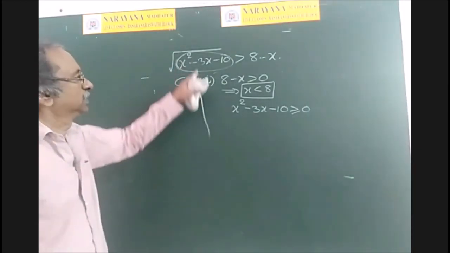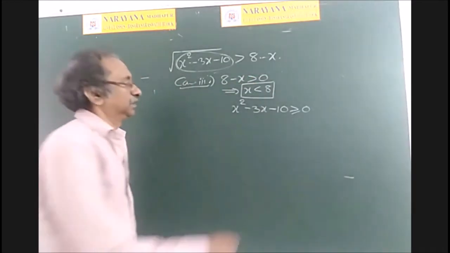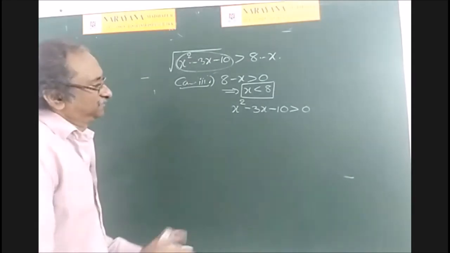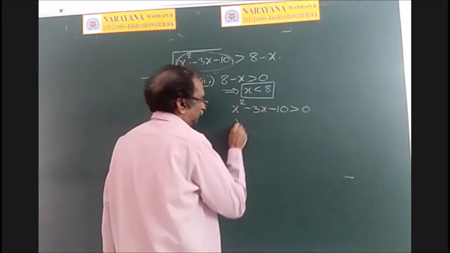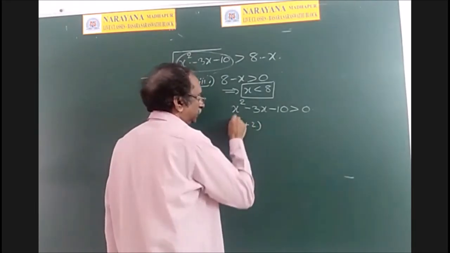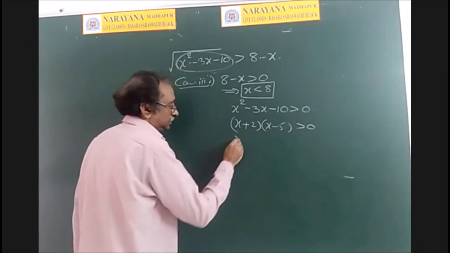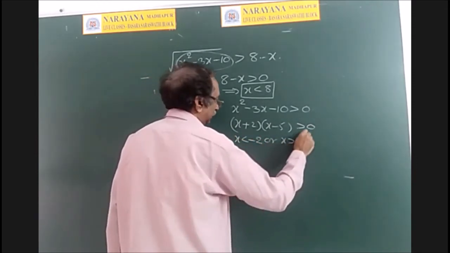Of course, if this is 0, 0 cannot be greater than a positive number. Therefore, I will take just only greater than 0. So no problem if you take equal to 0 also. So this is the second inequality. From this, (x plus 2)(x minus 5) greater than 0. That is x less than minus 2 or x greater than 5.